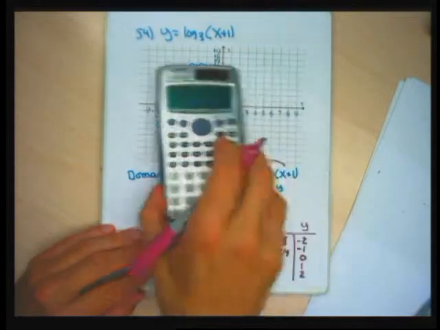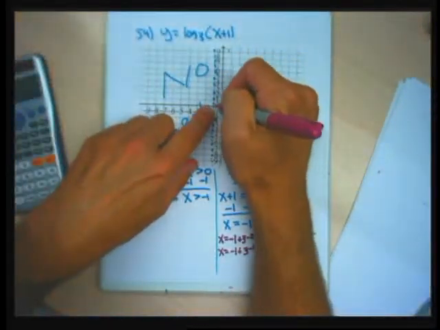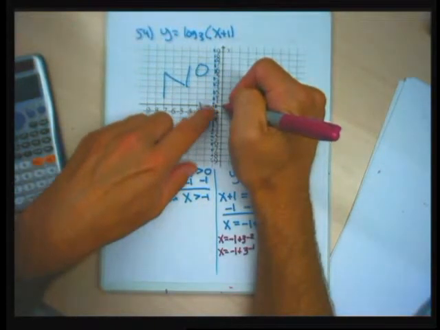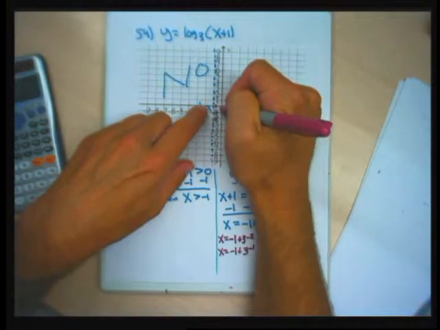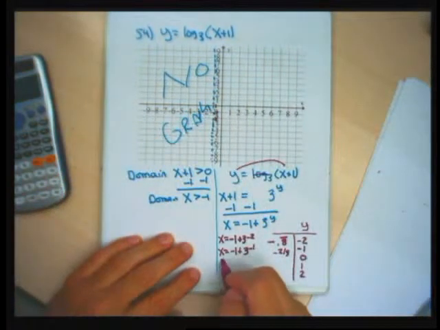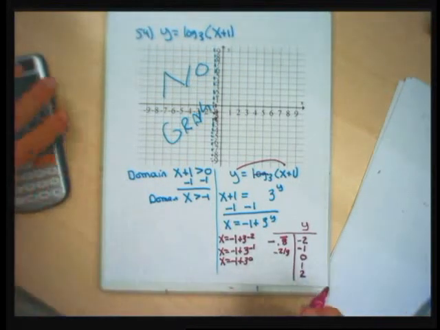Or negative 0.6 repeating. That is slightly more than half the way between 0 and negative 1 and down 1. So I'm going to call that about there. So it's definitely, I have the down 1 part, and then it's debatable if that's negative 2/3 or not, but it's close enough. Third point, x equals negative 1 plus 3 to the 0 power.